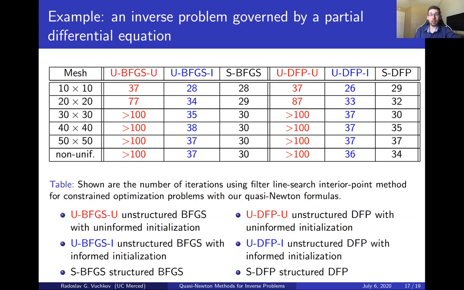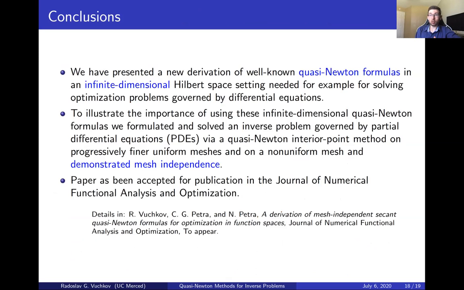It's a highly desirable property for large scale optimization. And you see this phenomenon happening also for BFGS and DFP. And then our third method, where we're using these structural updates, also retains this property, which is great. So in conclusion, we developed Quasi-Newton formulas in infinite dimensions.